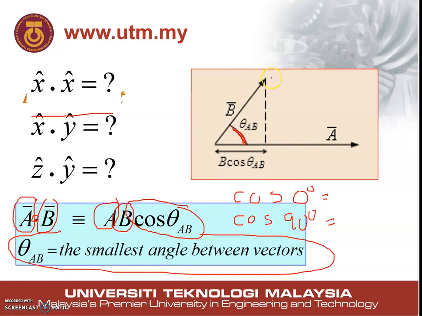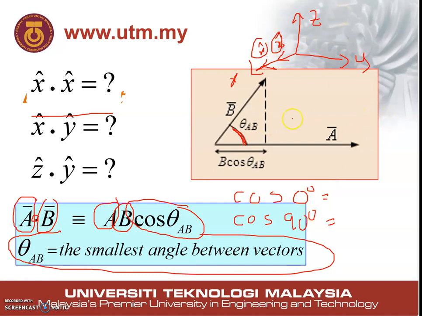So in representation of Cartesians, for example, let's say we have x here, we have y here, then we have z here. Let's say 0 degree means the vectors are parallel, going in the same direction with the same unit vector.